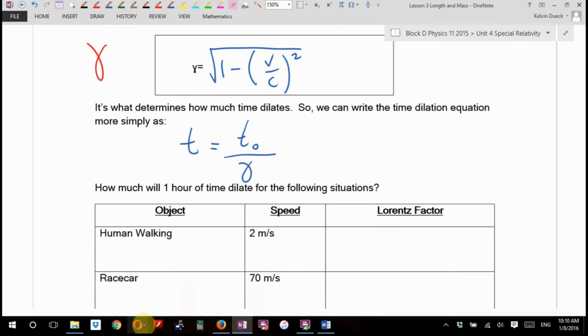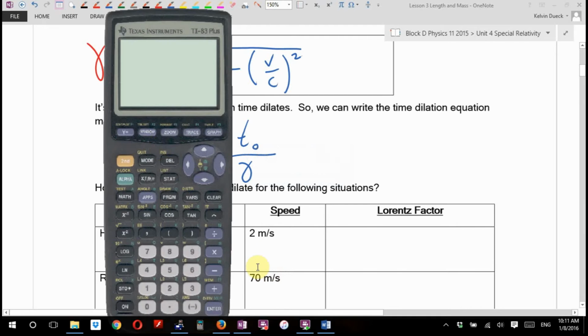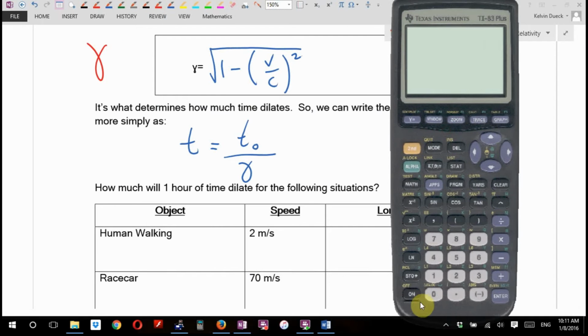So if you want to get out your calculators, on my calculator, I'm going to type 2 divided by the speed of light, which is 3 times 10 to the 8th. There's my v over c.